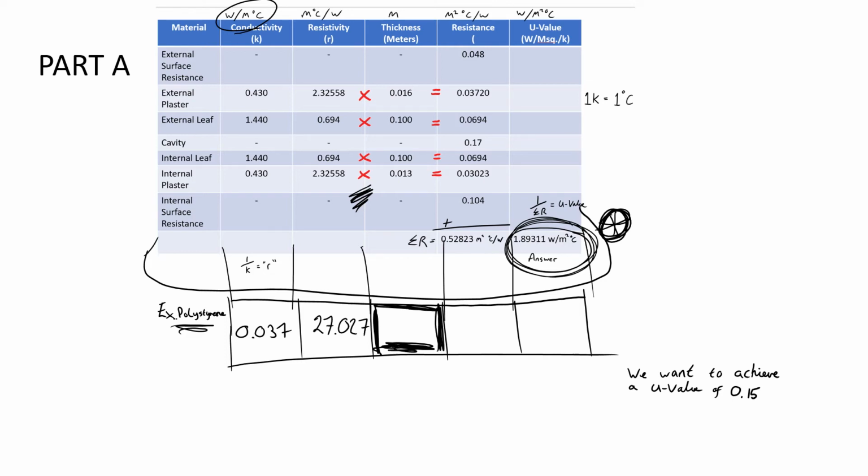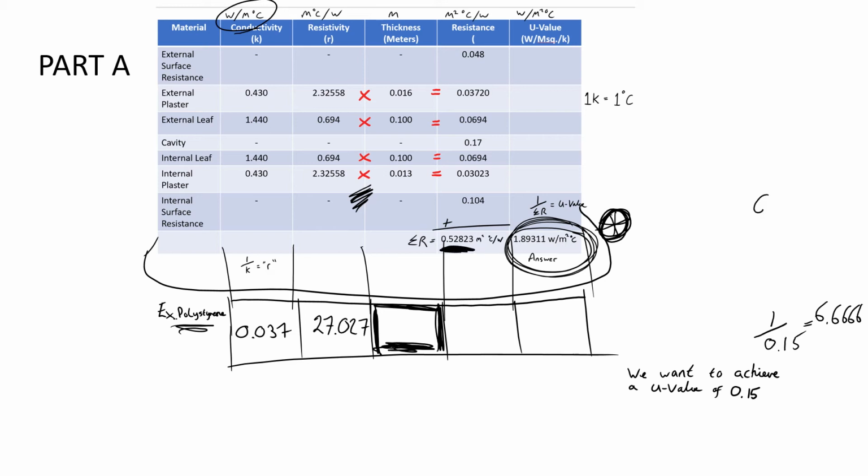The resistance, if we divide 1 all over our U value of 0.15, will give us a resistance of 6.6666. Now that's the resistance for the whole wall. However, our question up here already told us that we had a level of resistance.